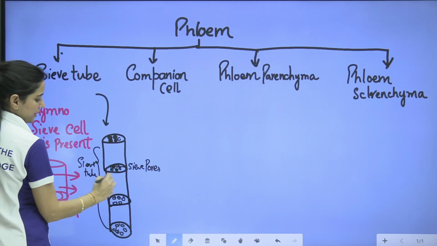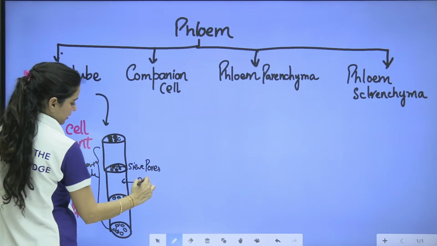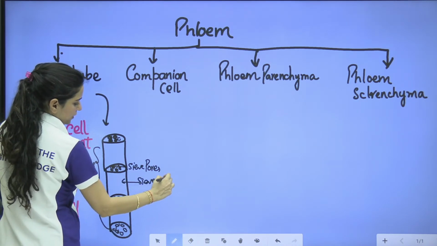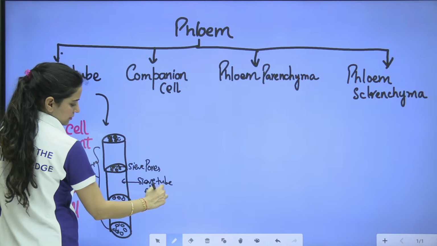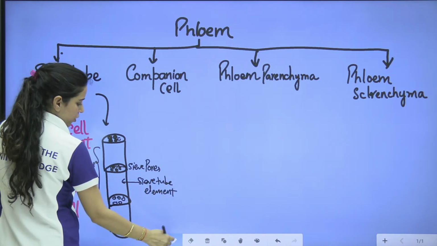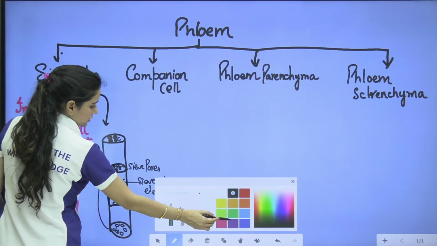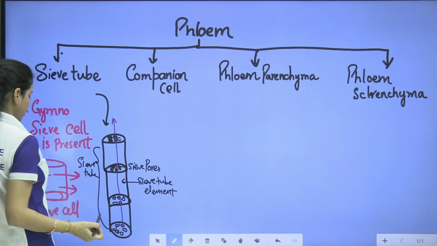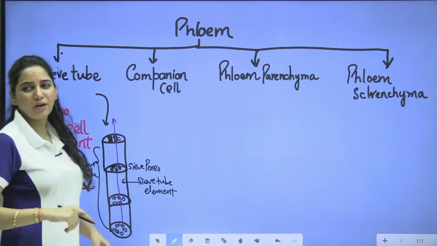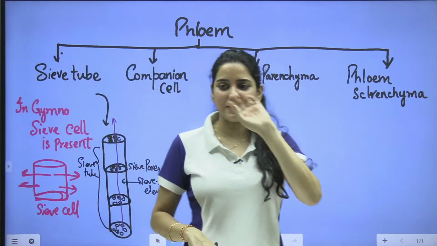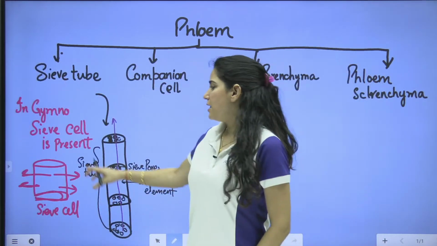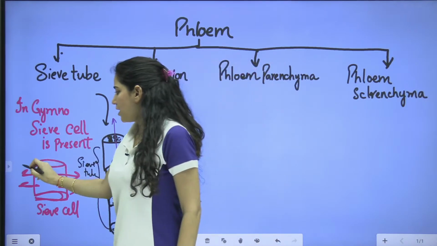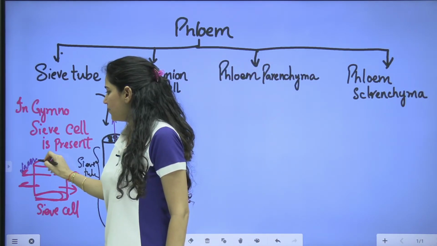And one element, this one is called seed tube element. And it performs vertical conduction. यहाँ देखो ऐसे वाला conduction. ऐसे वाला कंडक्शन कौन करता है भाई? सीड ट्यूब करता है वर्टिकल कंडक्शन, while सीड सेल जो जिम्नो में प्रेजेंट है they carry out lateral conduction. So this is one difference.